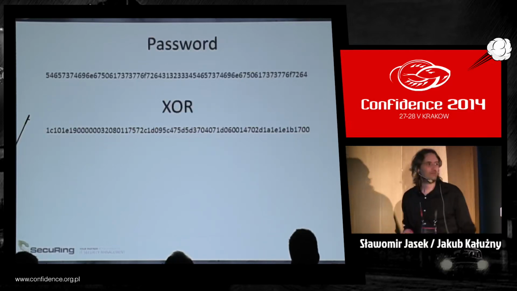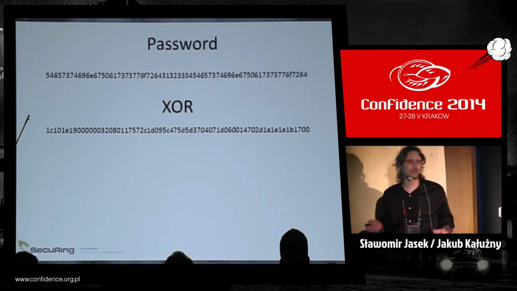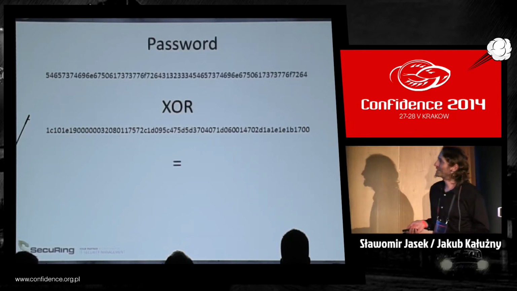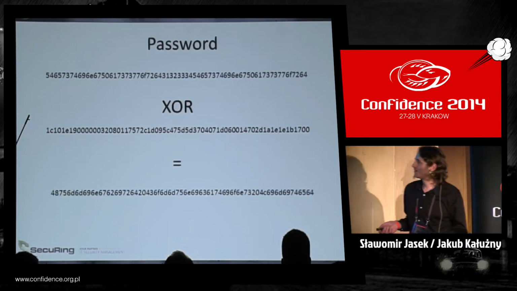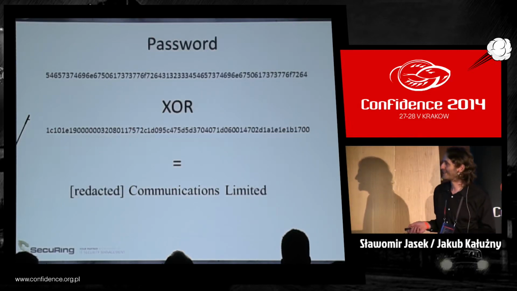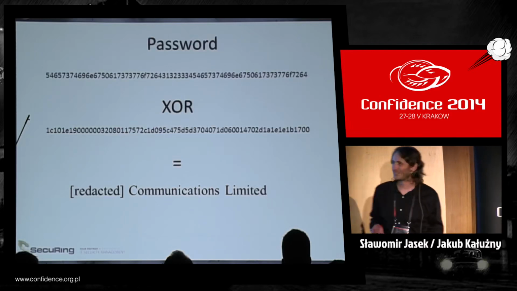Could it be the most popular encryption method? I mean, crappy encryption. Well, let's try. We can do the XOR, and we have the result. We decode the ASCII hex, and we get the password, the company's name of the software.